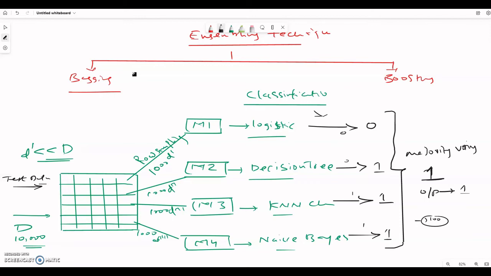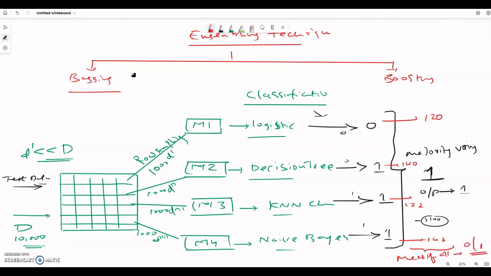For a regression problem, it's quite easy. Suppose we have got some values here. Let's say we have got 120. Here we have got 140. Suppose here we have got an output of 122. Here we have got 148. In this case, we'll take the mean of all these values, and that will be our output.